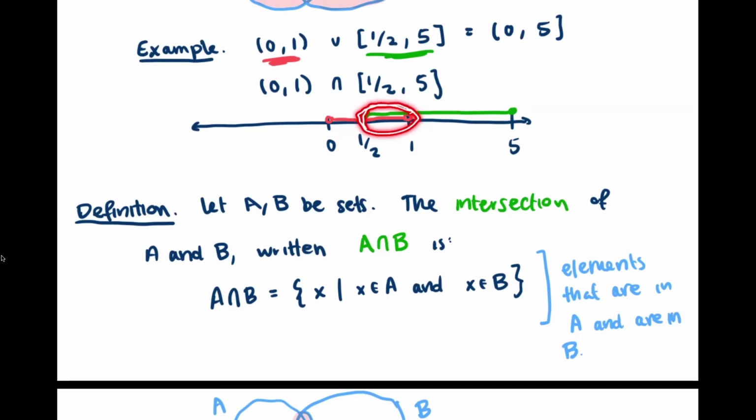So it would just be this little bit in the middle. So it'll be closed on the left-hand side. It includes 1/2, and then it goes up to 1, and it doesn't include 1. Okay, does that make sense? Does it make sense how to figure out what the endpoints are and whether or not they're open and closed and all of that?